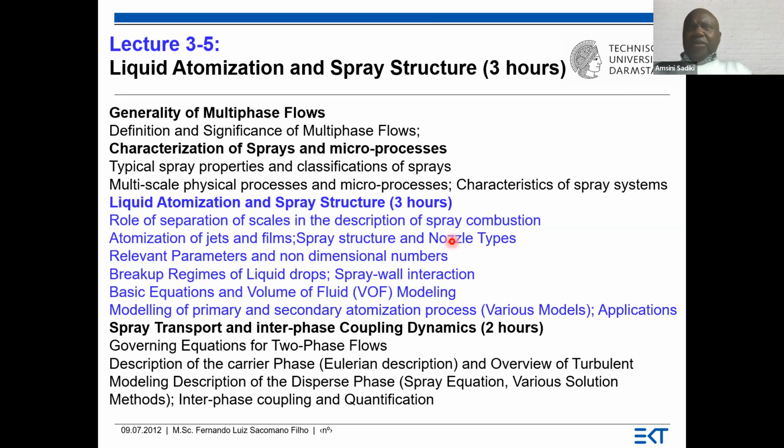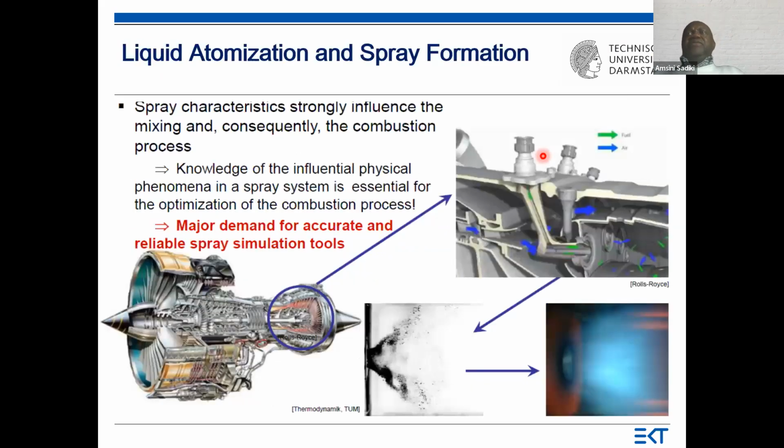So let's now go to the liquid atomization and spray structures. We have seen that the spray characteristics strongly influence the mixing and consequently the combustion process. Then it is necessary to get knowledge of the influencing physical phenomena in the spray system.